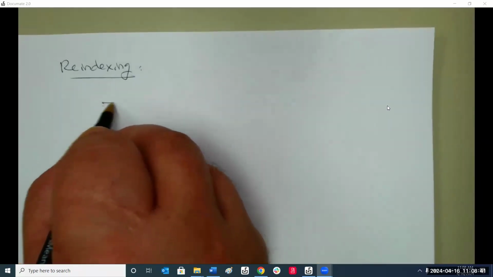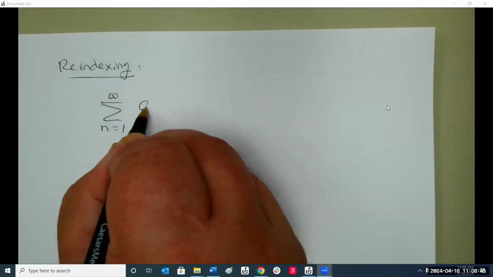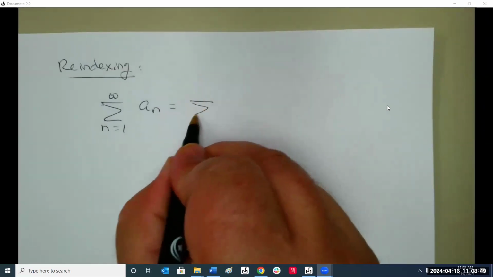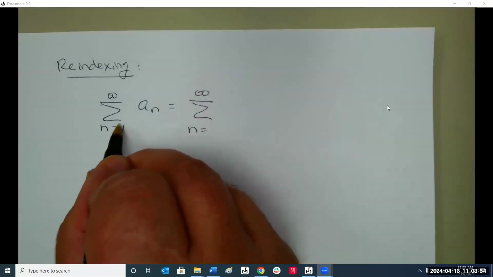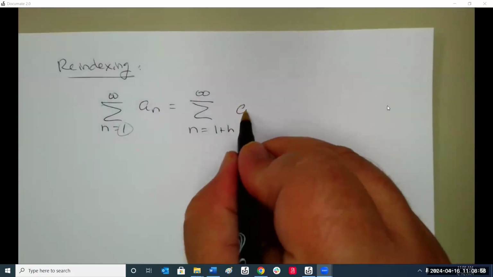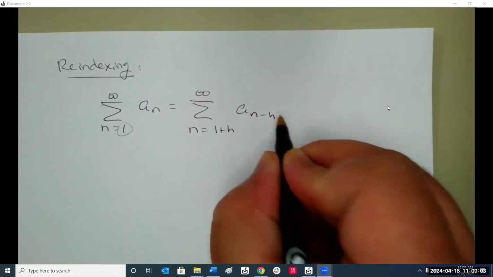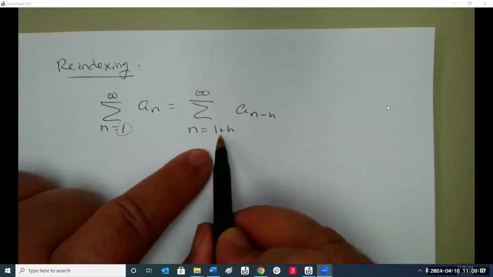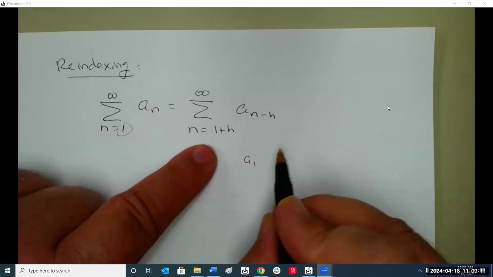So for example, if we had a series, we could change, instead of 1, we could change it to 1 plus h. And this one would be n minus h, because when we plug in n is 1 plus h minus h, our first term has to be a sub 1.